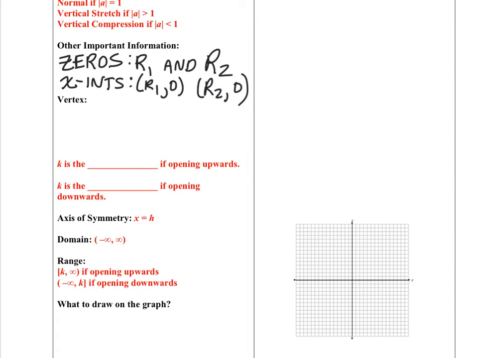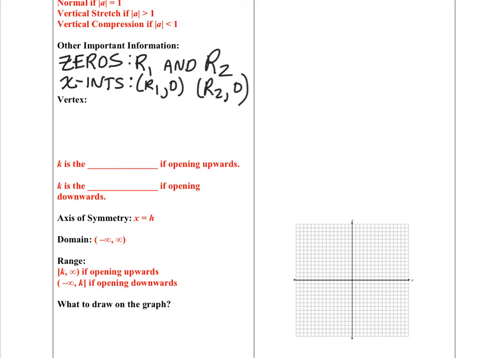The axis of symmetry is still going to be the same, and we still will find the domain and range the same way. One of the new words we want to add is maximum and minimum.